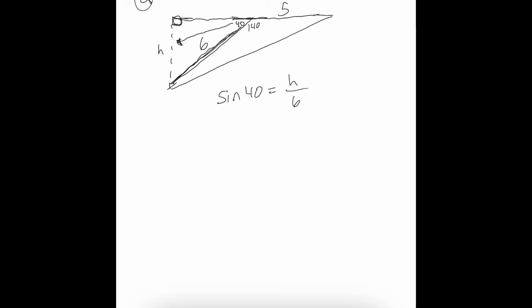opposite, my height, over my hypotenuse. All right, let's cross multiply these. So we get our height equals 6 times sine 40. Now, in the calculator, let's punch in 6 times sine 40.